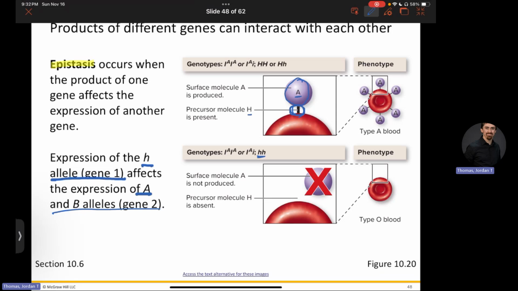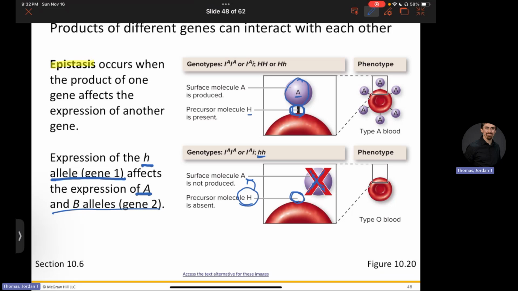But say we have the recessive version. The recessive version gets rid of that protein. Without that protein, we no longer have a blood type because the protein for blood type has nowhere to bind. And that's called epistasis, when the gene for H influences whether the blood type is produced or not.